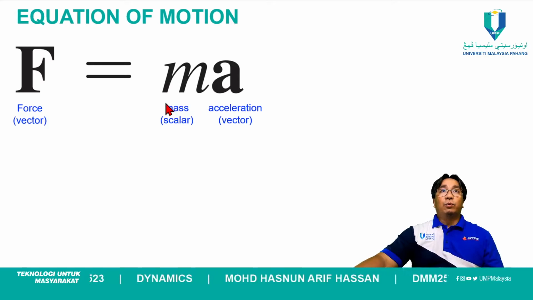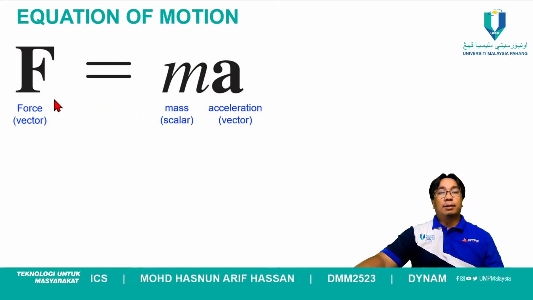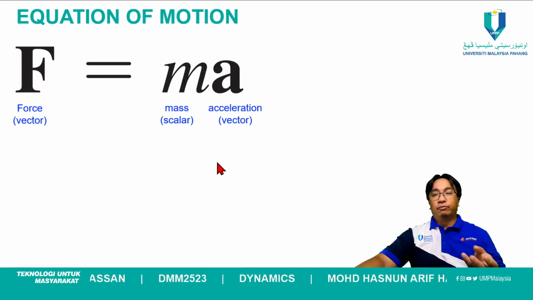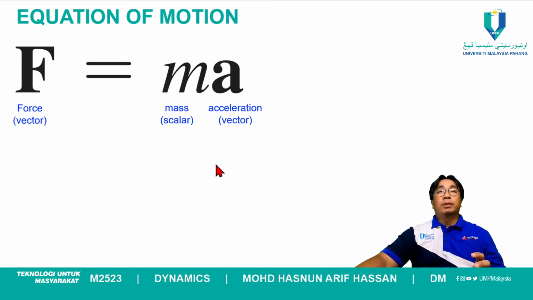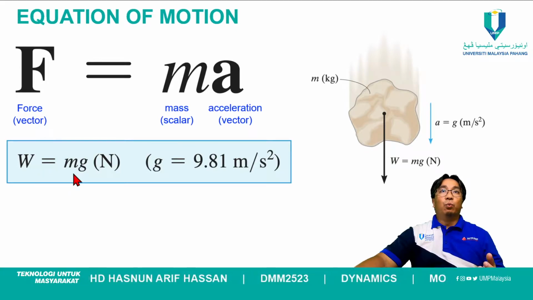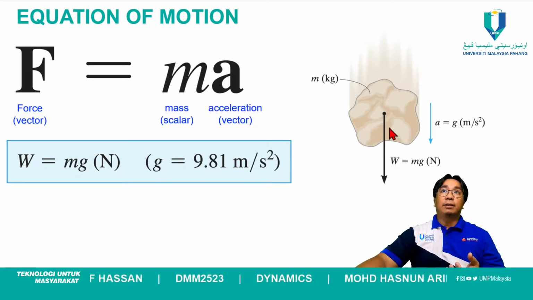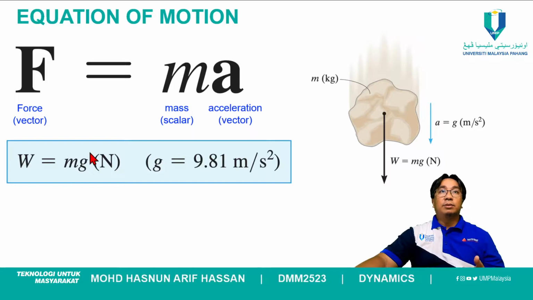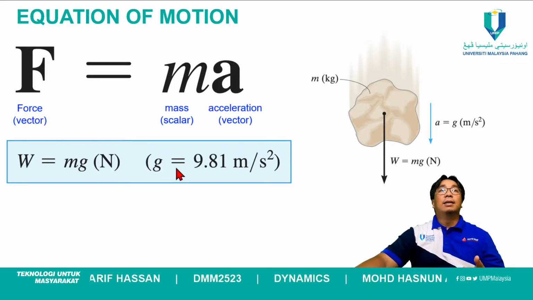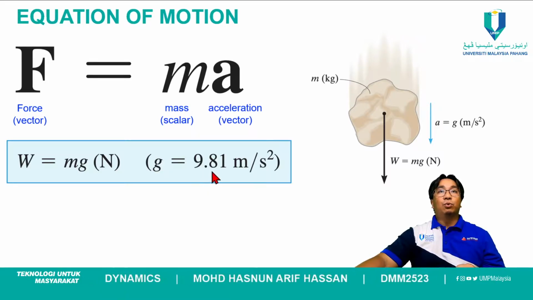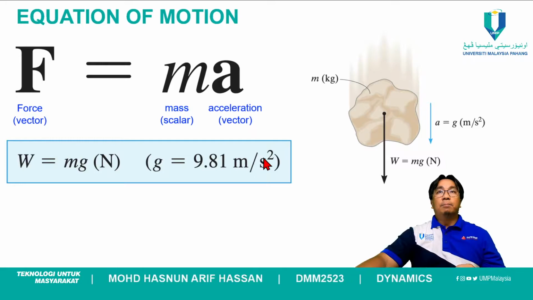There are some formulations behind it. I don't want to show you. If you want to know, you can refer to the book. After some formulation, we get the weight of an object. The weight will always act downwards, equal to mass times the gravitational acceleration g, and through some calculation, gravitational acceleration g is equal to 9.81 meter per second square.